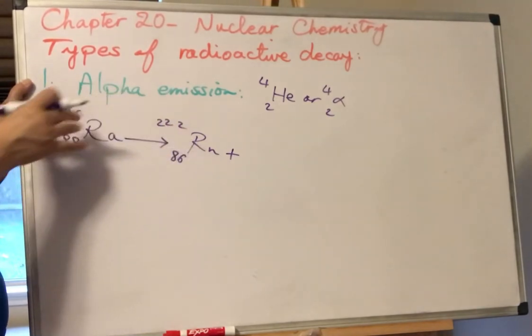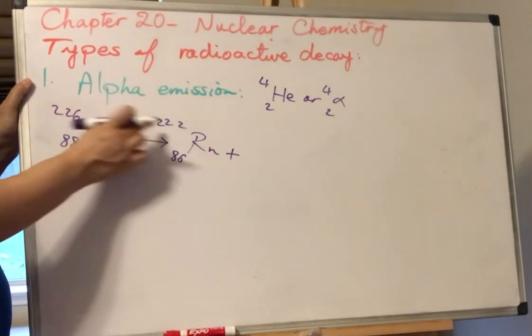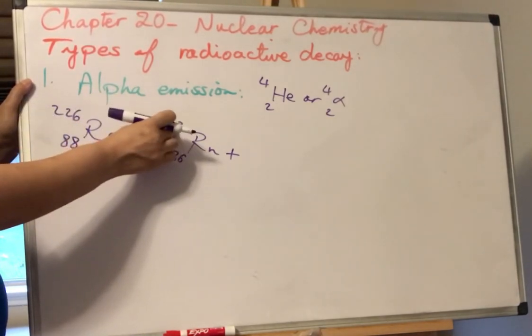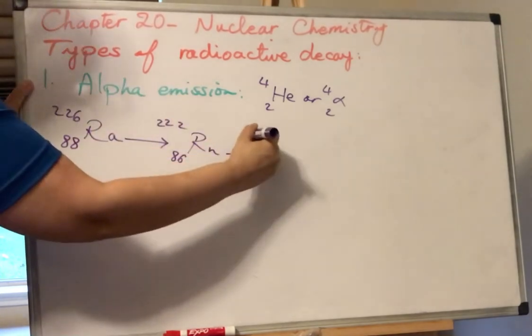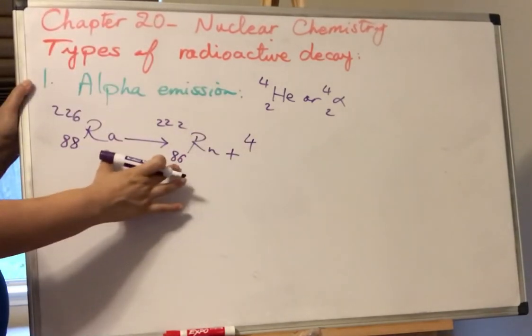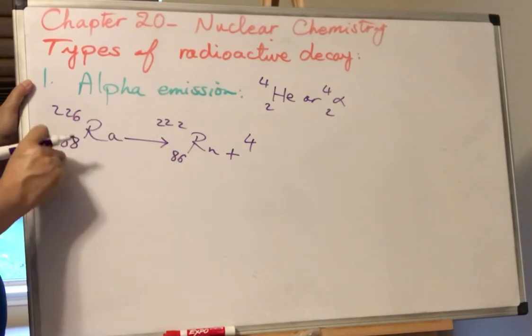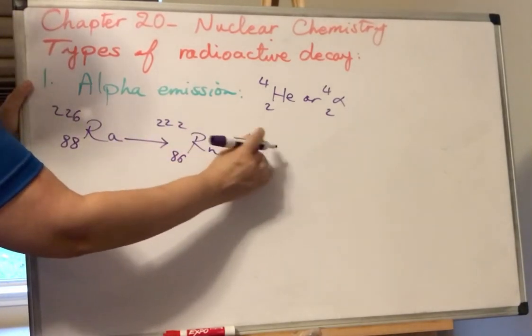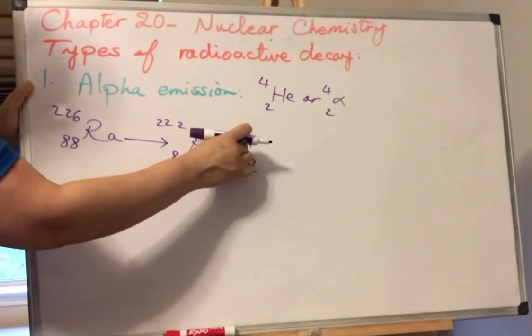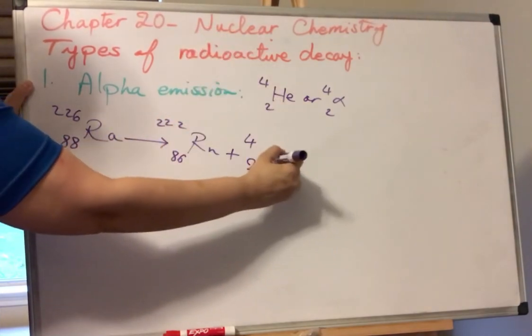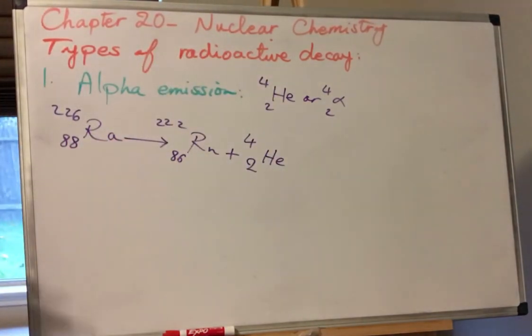So if we want to balance out, how many do we need to add to 222 to make it 226? 4. And how many do we need to add to 86 to make it 88? 2. Atomic number 2, atomic mass 4 belongs to an alpha particle. So you can write it as helium or alpha.